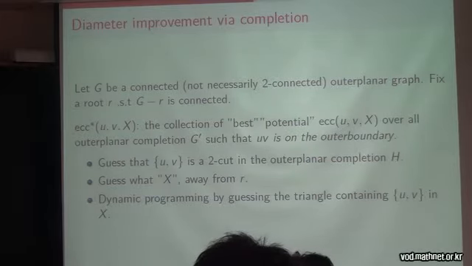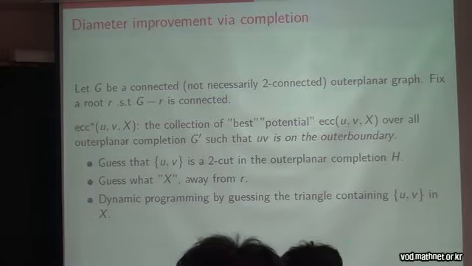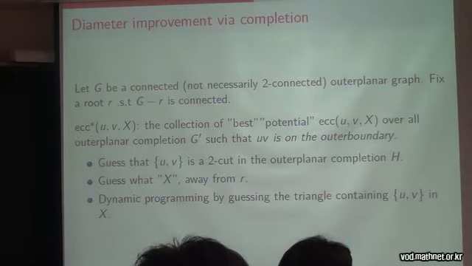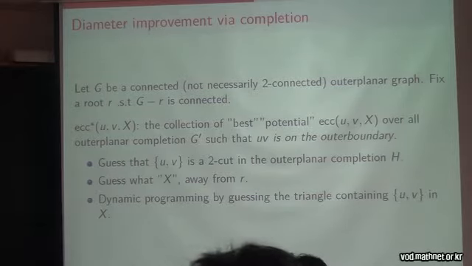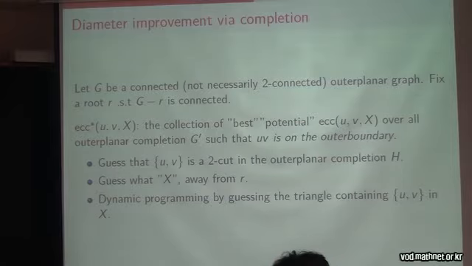So again, we do a similar thing. We compute ECC star for each tuple, and given a tuple, if you know the ECC star for the lower tuples, then you can compute the ECC star for this value, and you can compute it recursively.